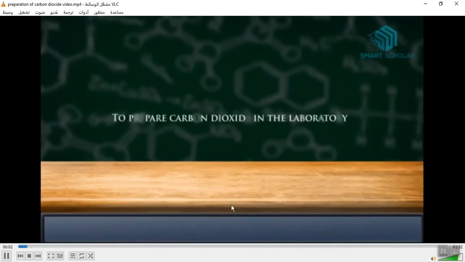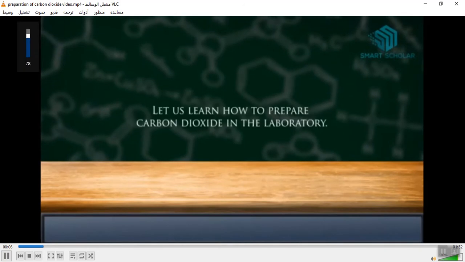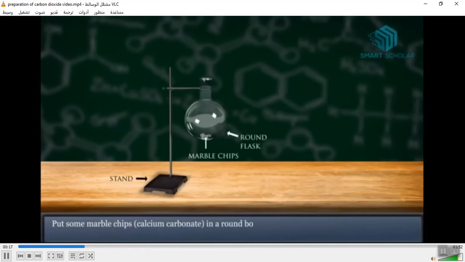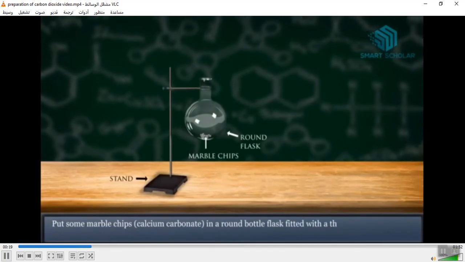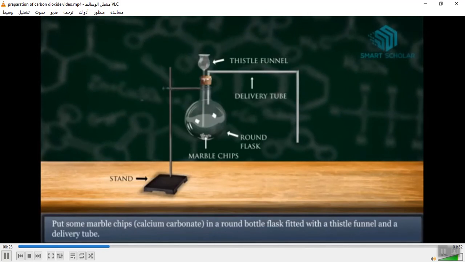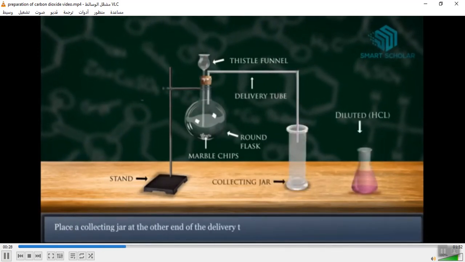Let us learn how to prepare carbon dioxide in the laboratory. Put some marble chips, like calcium carbonate, in a round bottom flask fitted with a thistle funnel and a delivery tube. Place a collecting jar at the other end of the delivery tube.